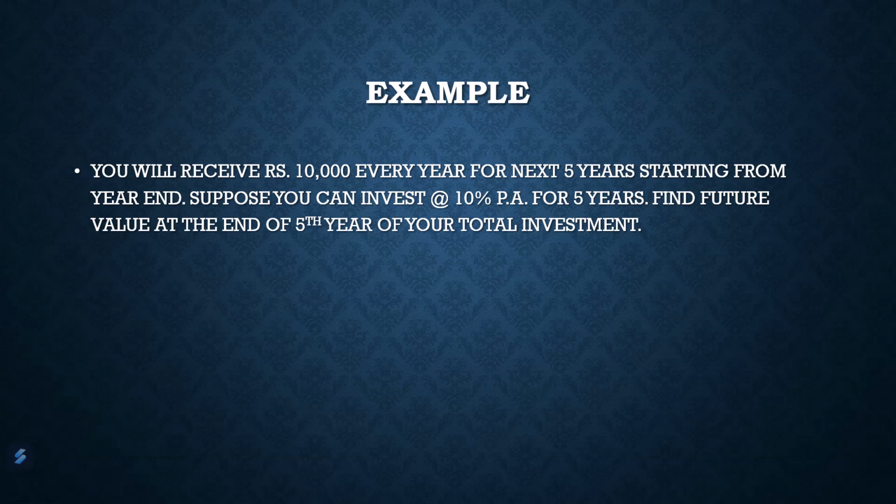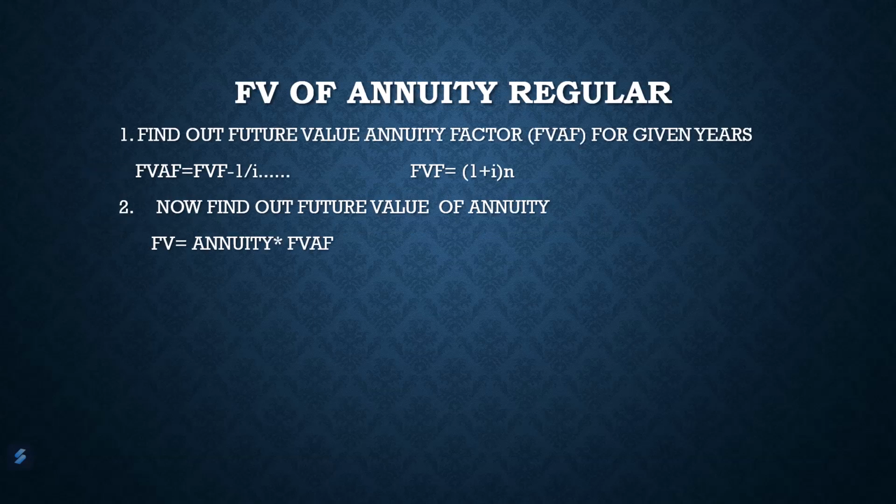So if you want to find out your future value, or your total balance at the end of the 5th year, you have to first find out the future value annuity factor for the given years. You have to do this step for each and every question which asks for future value of annuity regular.